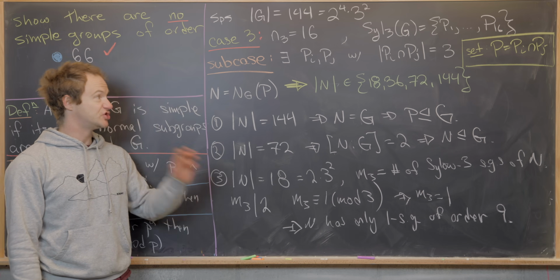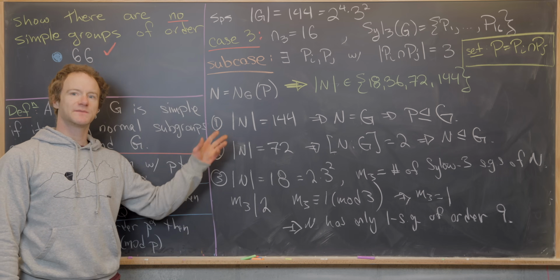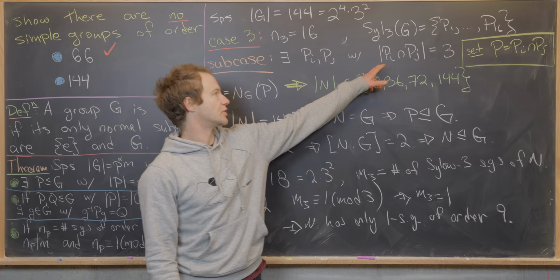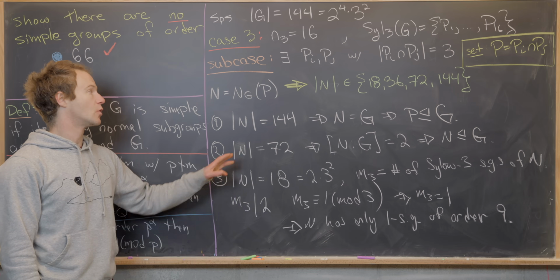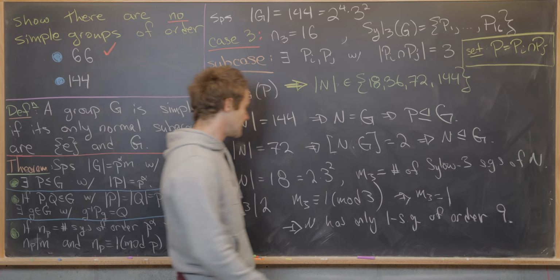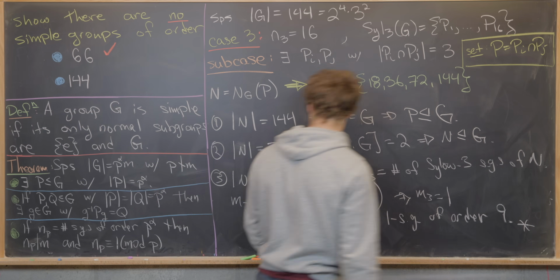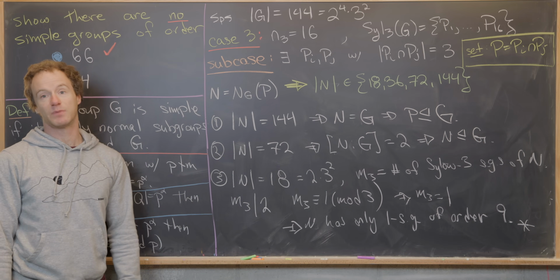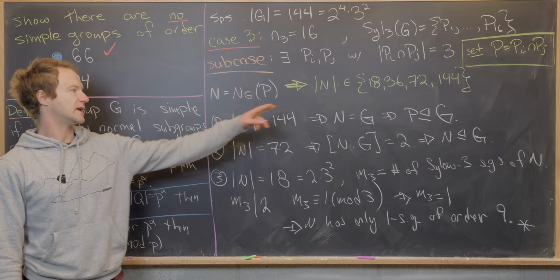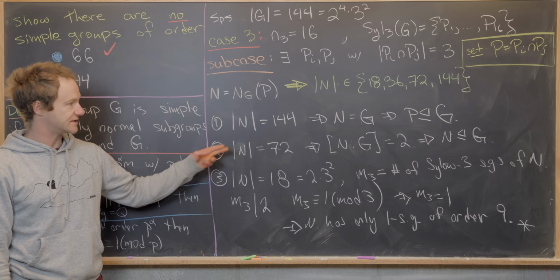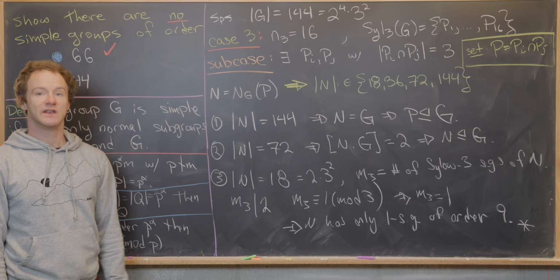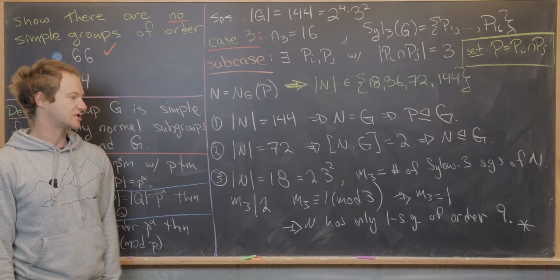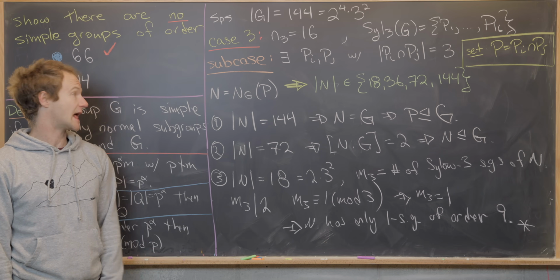But we know that that's just not true, by something that we saw on the last board, where we showed that Pi and Pj were both subgroups of N. So that actually brings us to a contradiction. This possibility is not possible. So here we get the introduction of a normal subgroup. In 2, we get the introduction of another normal subgroup. And then this third possibility cannot happen.